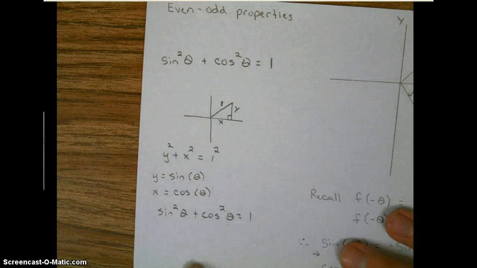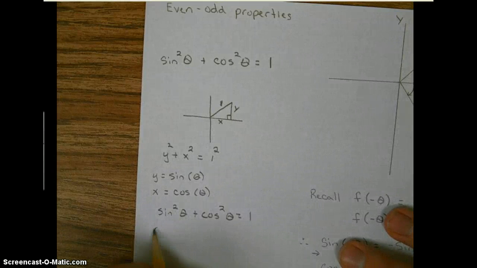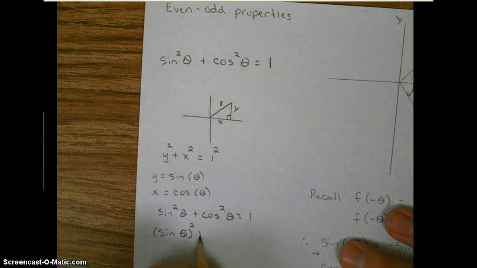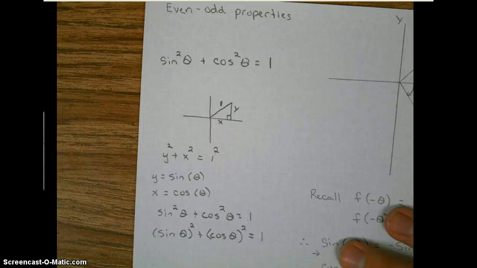And that's how we derive the Pythagorean identity. Notice where the square is located. This is the same thing as this. Same thing.